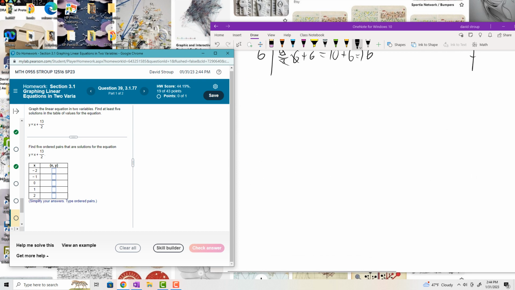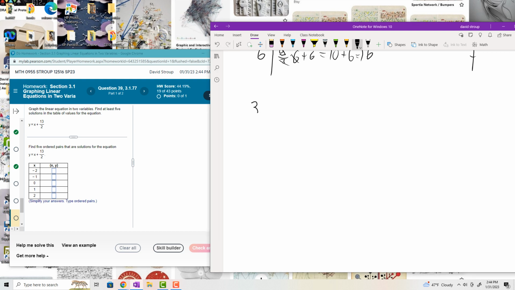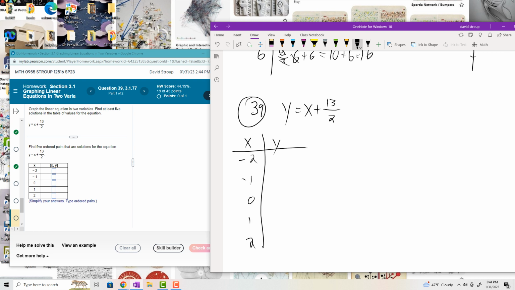I think this one, your ordered pairs are probably going to be fractions, unfortunately. So what is 39? Y equals x plus 13 halves. Okay, so my table, I'm just going to go -2, -1, 0, 1, 2.